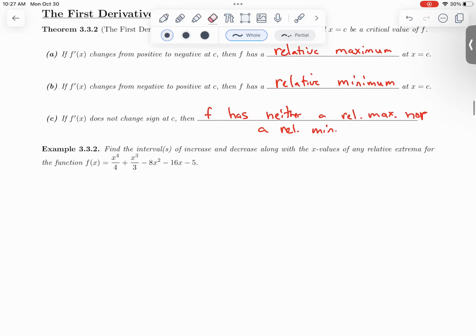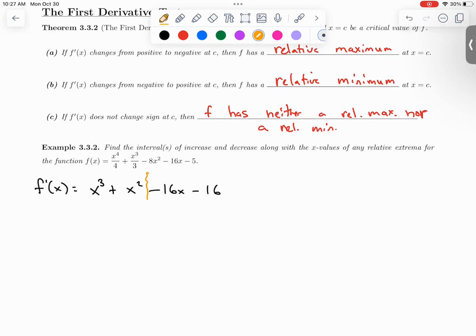So we've got to find the derivative, which is going to be x cubed plus x squared minus 16x minus 16. And we can split that right down the middle because that's a four-term polynomial. As soon as you see that, your first thought should be factoring by grouping.